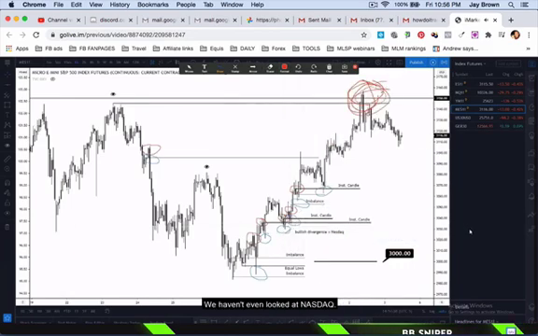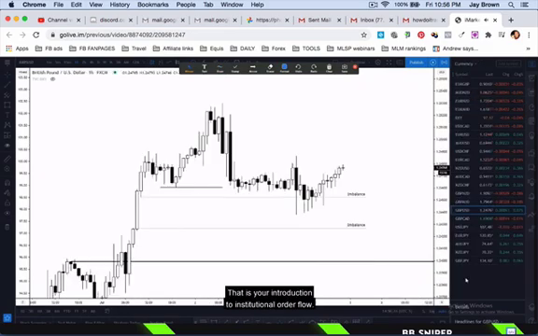So that's your homework for this week. If you want to, it's all optional. I don't care if you do it or not. I wish you would, though. That is your introduction to institutional order flow, the flow of the market to longer term price targets. That's the way that I look at it.